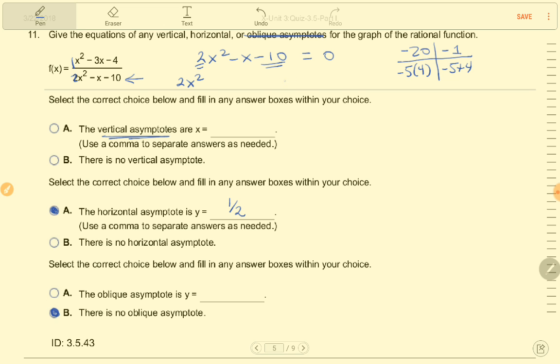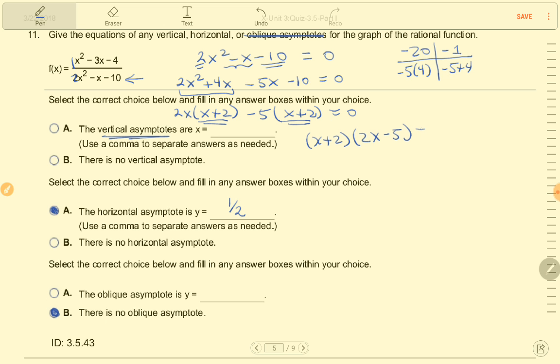So I'll leave the two end terms alone and rewrite my middle term as 4x and -5x. Then I can factor by grouping, factoring out a 2x from my first pair. So I have 2x times x plus 2 and -5 times x plus 2. And then I have this common factor, so I can factor that out, x plus 2 times 2x minus 5.